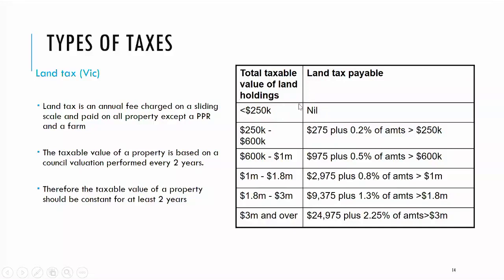Which means the rate we charge goes on the aggregation amount for the total value of land, just like income. And therefore, the taxable value of the property should be consistent for the next 2 years. So, whether it is more than 250,000 or less than 250,000, these are the rates between 250 to 600,000.